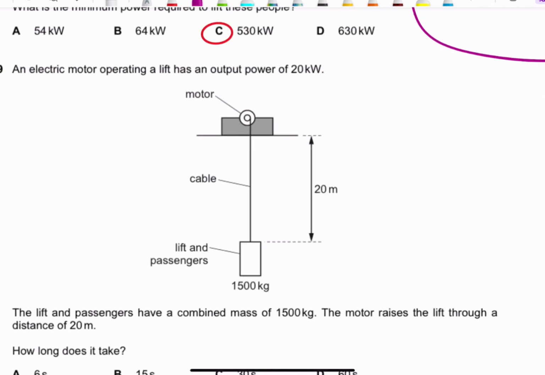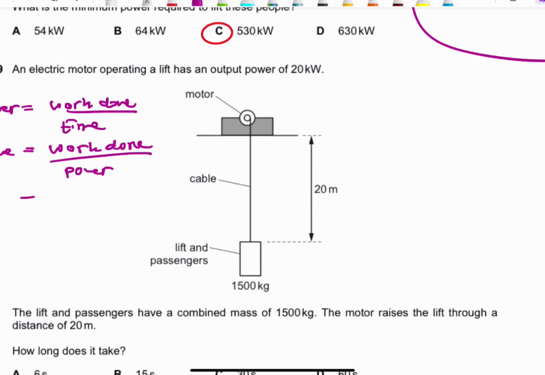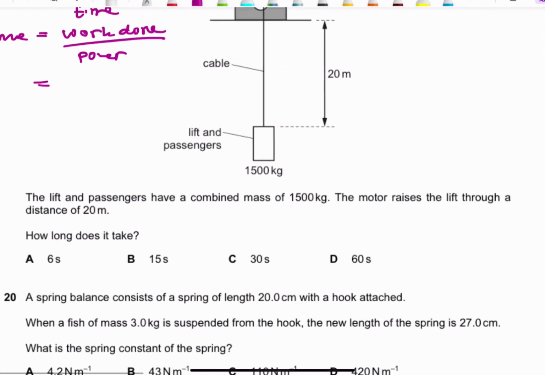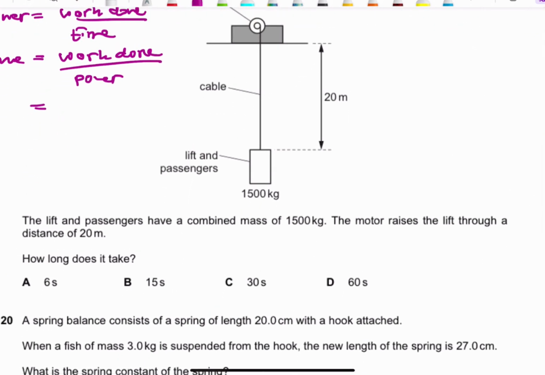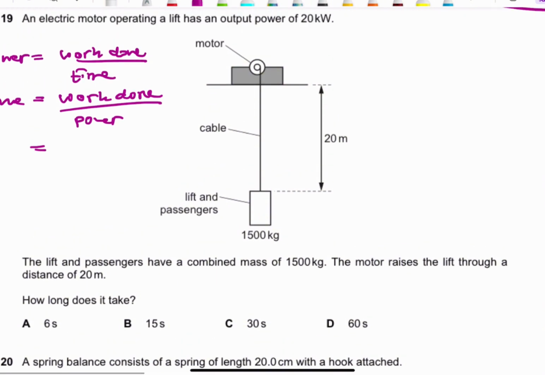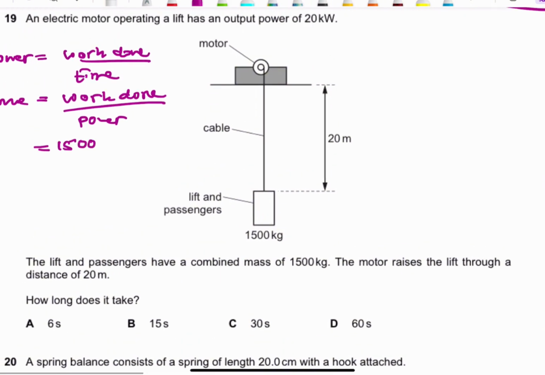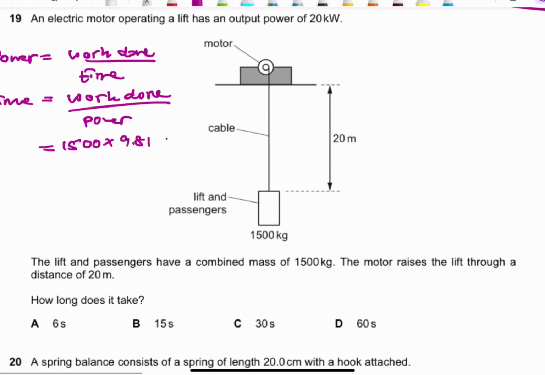We know that power is the work done per unit time, so our time is going to be the work done divided by the power. But what work are we actually doing? The work we're doing is lifting up the lift and its passengers. So it's 1,500 multiplied by 9.81, multiplied by 20.